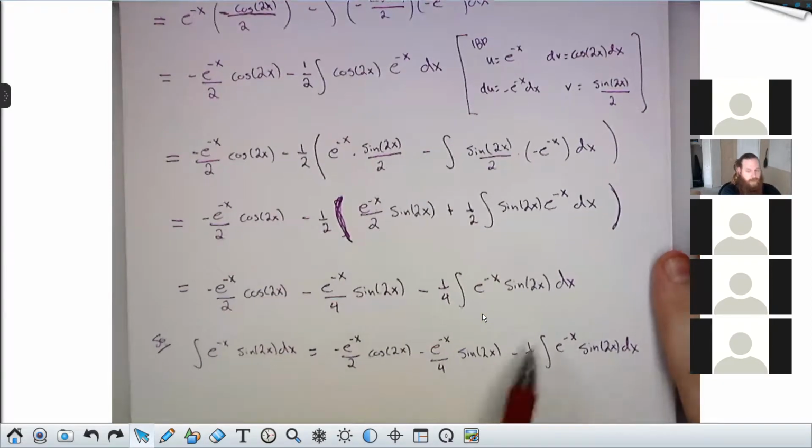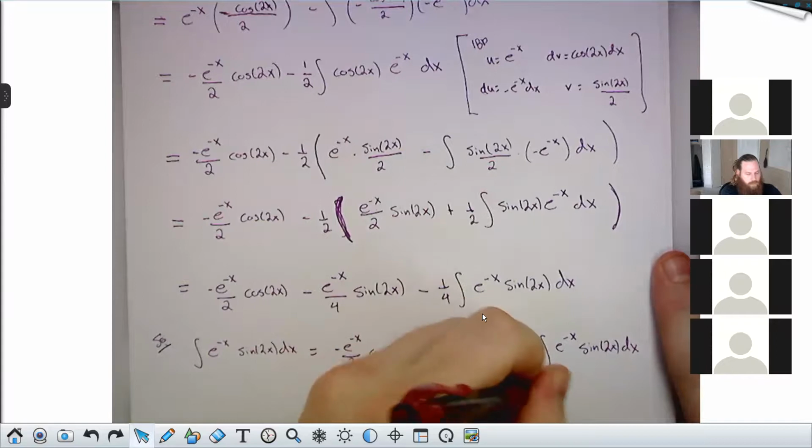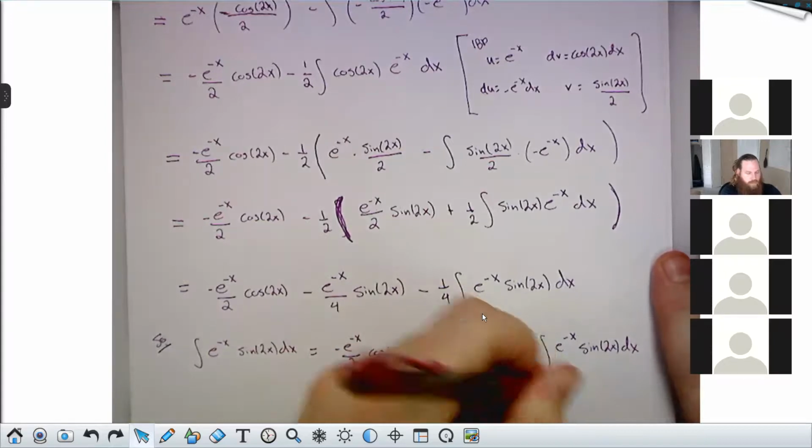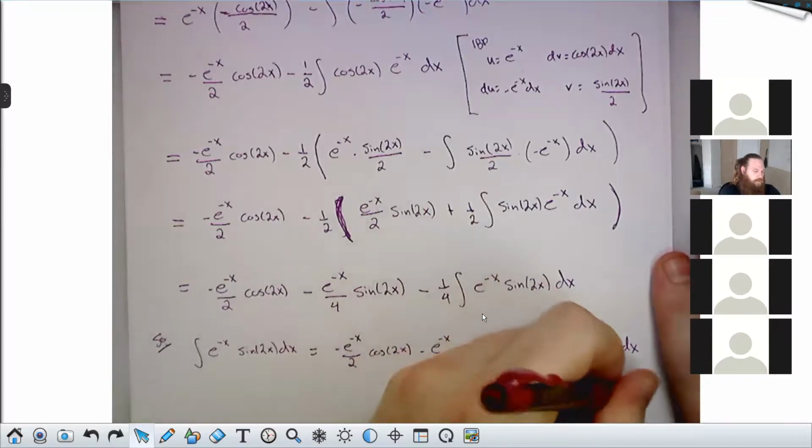So I'm going to add this quantity to both sides. I will add 1/4 integral e to the negative x sine 2x dx to both sides.